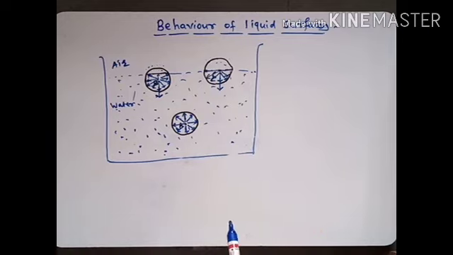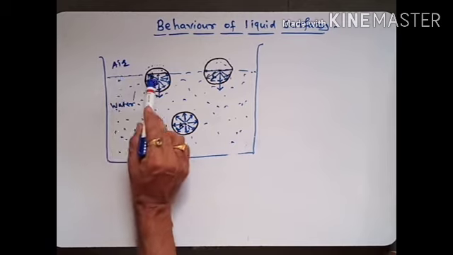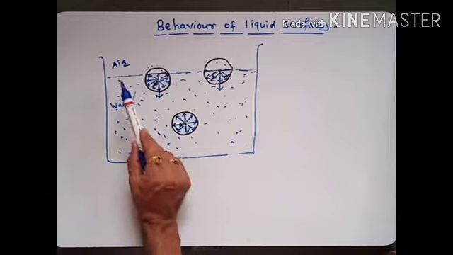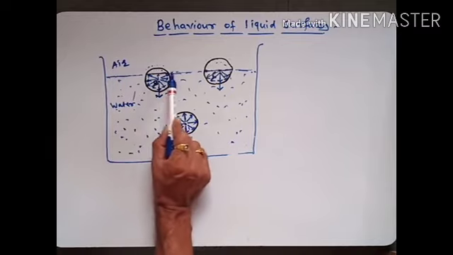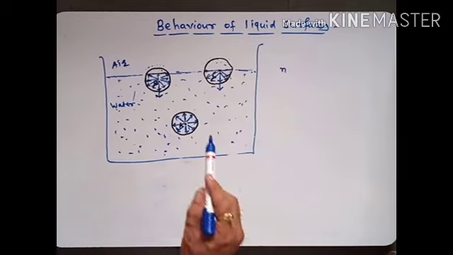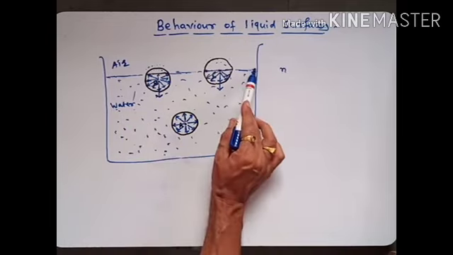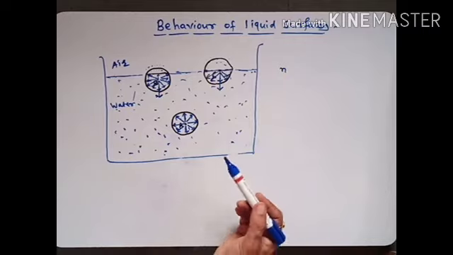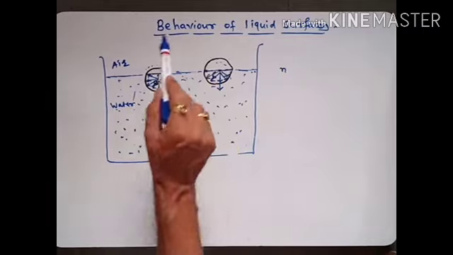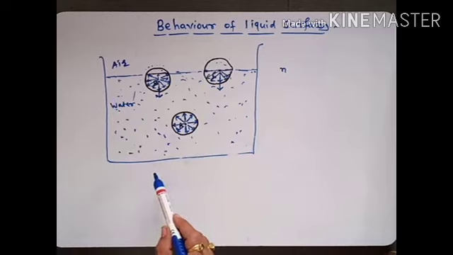That means we consider here, suppose this is the total area of the liquid. Now if we have to increase the surface area of this liquid, then suppose on this area n is the number of molecules of liquid, and if we have to increase the surface area of this liquid surface, then we have to bring some molecules which are inside the liquid to the surface of liquid. Do you understand?